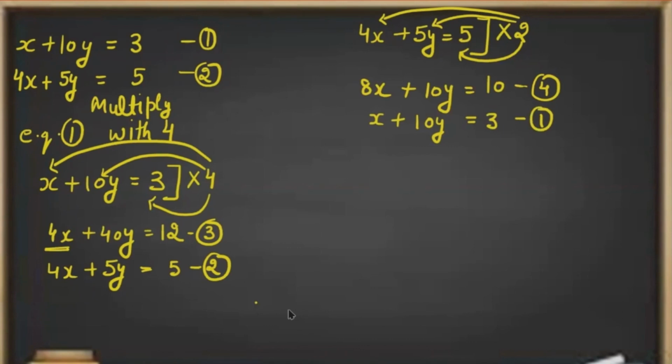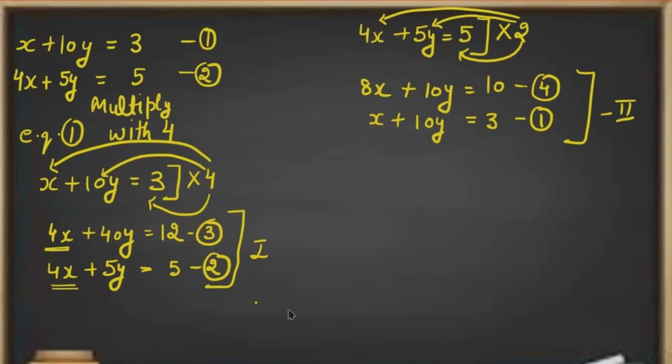You can take either option, 1 or 2, to solve the simultaneous equations. I'll go with option number 1. In option number 1, you can see the x variable has the same coefficient. To cancel these variables, what do I have to do?